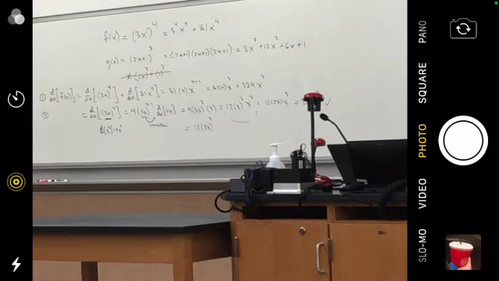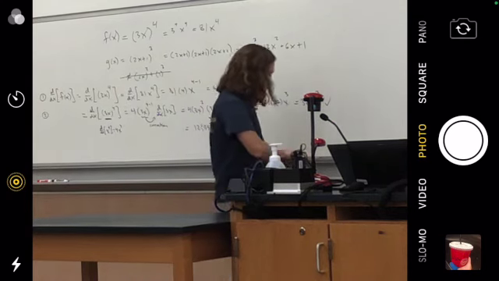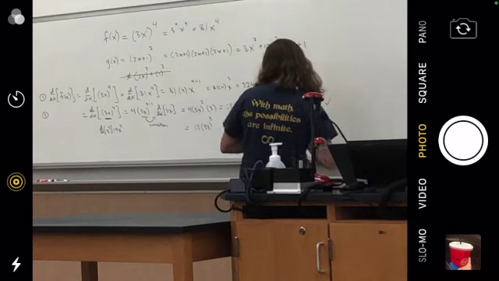But the reason I did that, you want to make sure these are the same thing. I did one way where I multiplied it all out. I did another one where I do the chain rule. They have to give you the same answer. They're both valid techniques. All right, what about g of x?